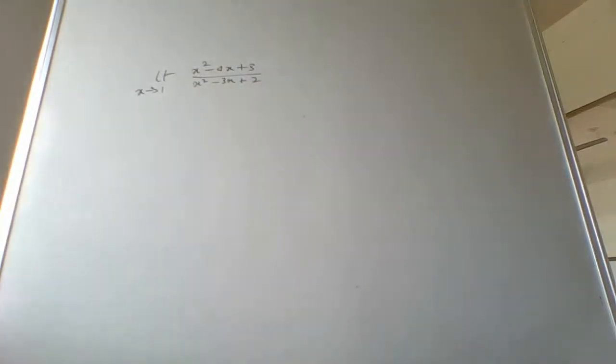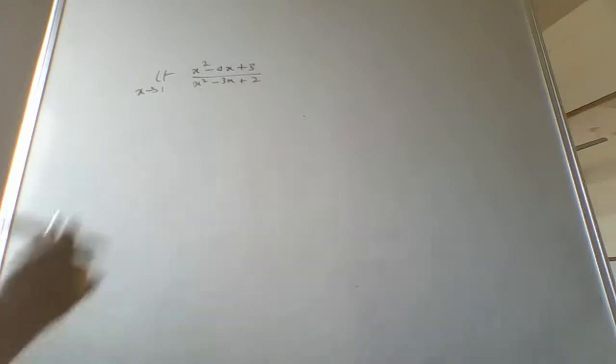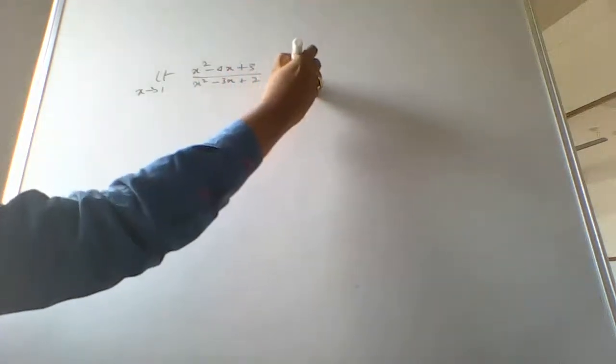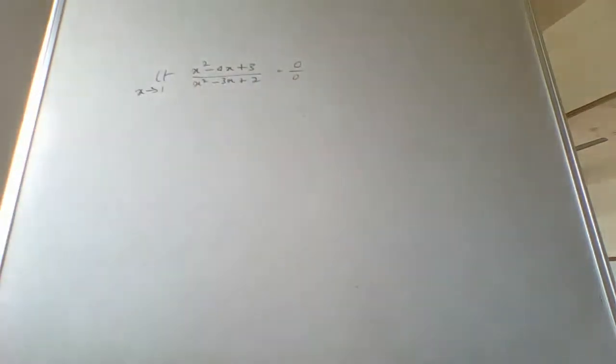Okay, let us try to solve this problem. Now if you look at this problem, if I put x as 1 in the numerator, I get 0, so this becomes 0 by 0. Fine.